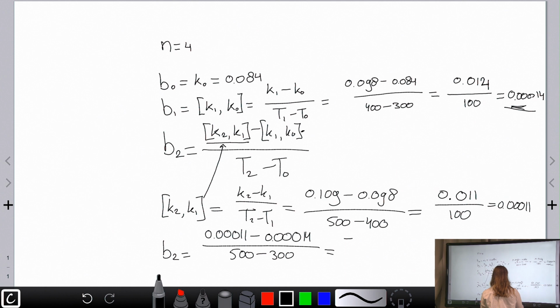So this is going to be lots of zeros over 200. So we actually have, let me just write it still with zeros, 0.015. Okay.